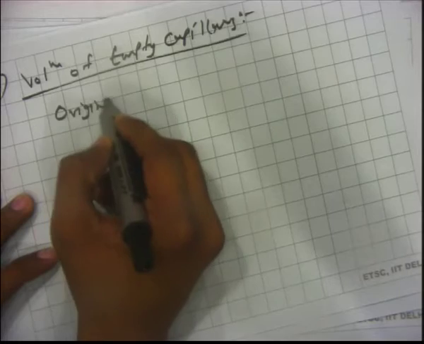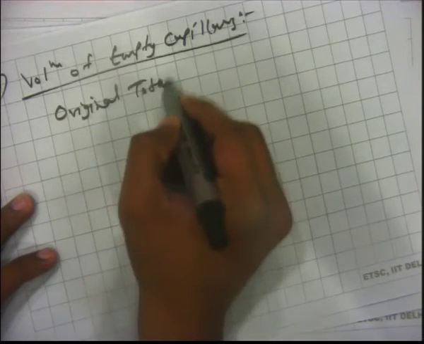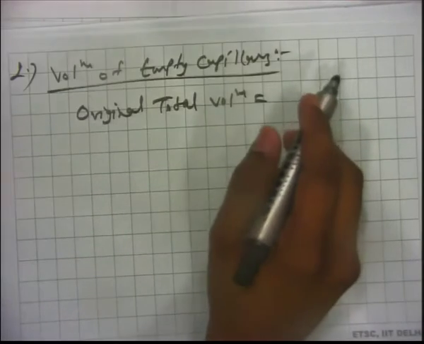Original total volume is nothing but the volume of cement and the volume of water.